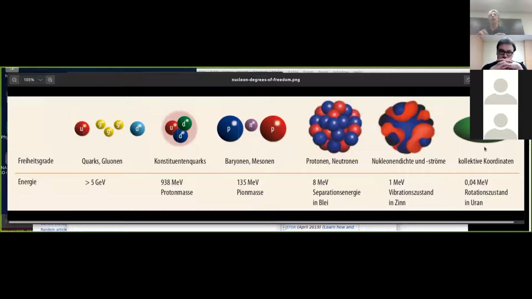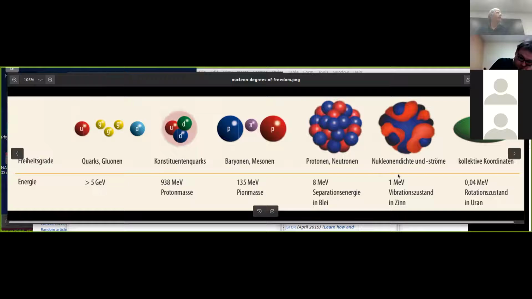For example, I may excite a rotational state of a uranium atom or something like that. So those energies correspond to interacting with the entire object.